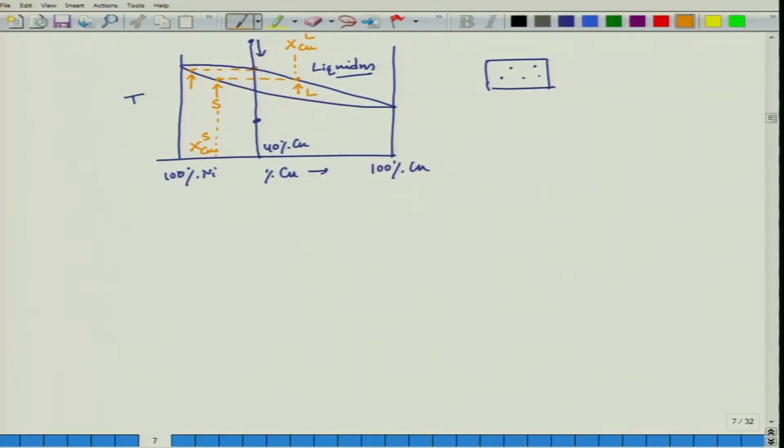And interestingly, we can also calculate the mass fraction of both the phases, liquid and solid.